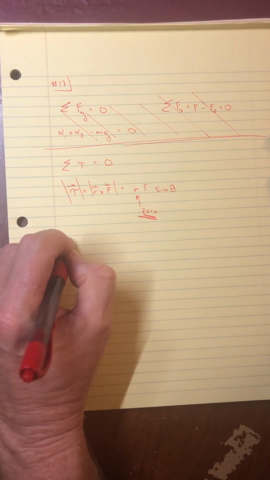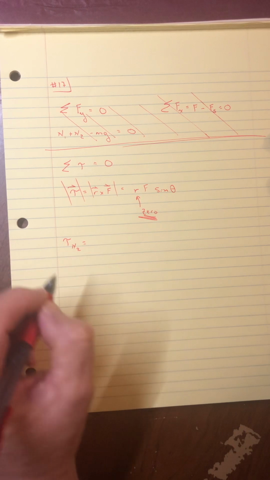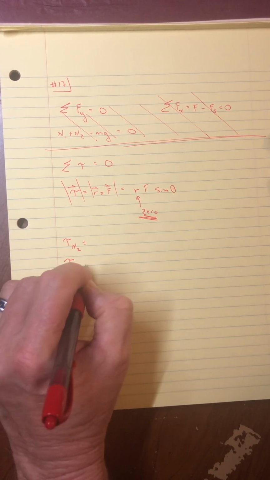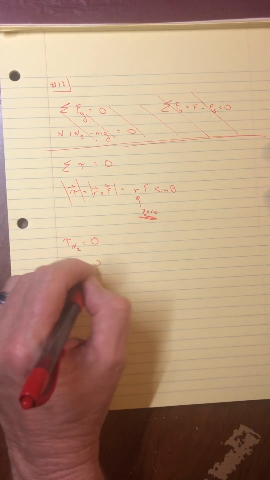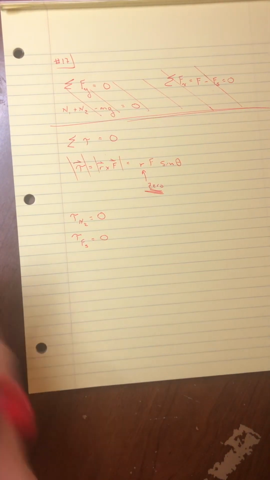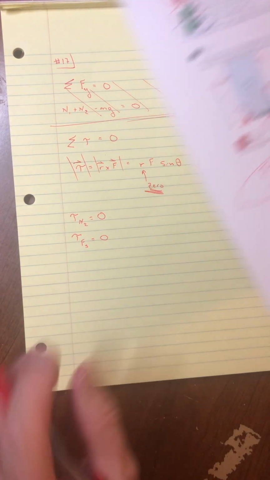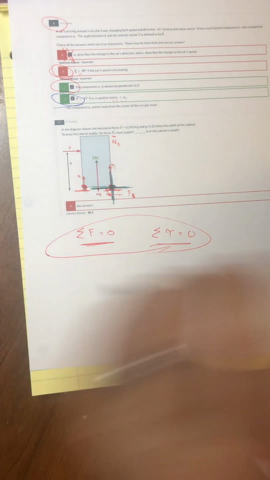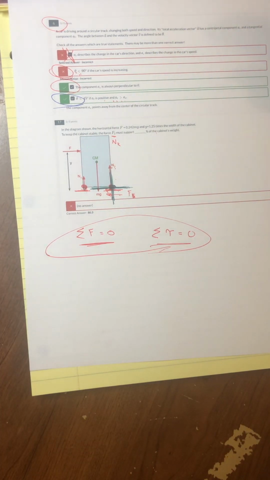And so the torque from N2, which by the way is also the torque from the unlisted static frictional force, are each going to be 0. That's why I was saying that I don't really like this origin mathematically, because it knocks N2 right out of my equation, and so I can't solve for it.